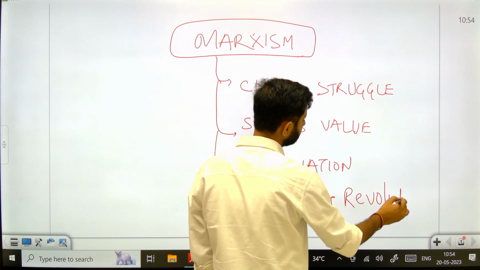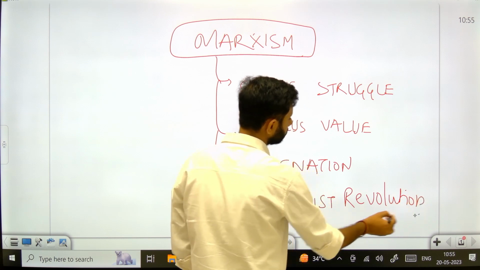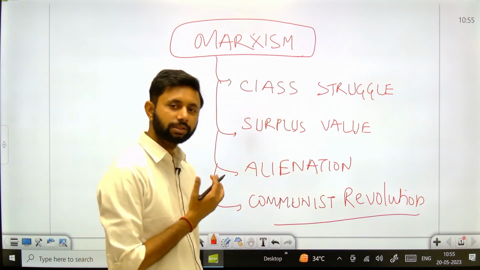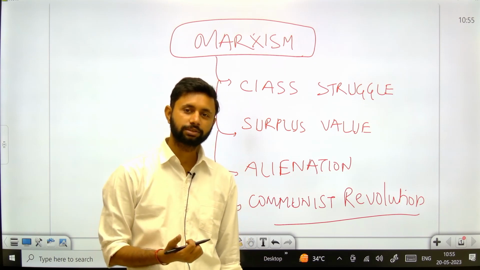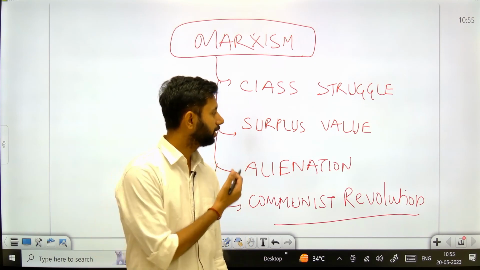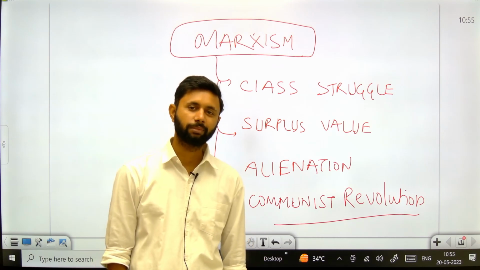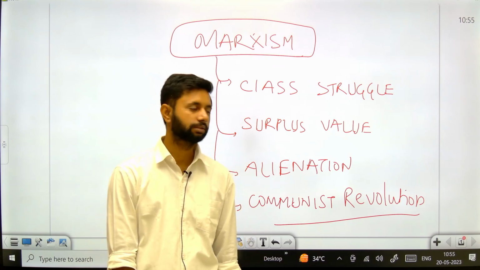Let's understand these key terms first. When you understand these key terms, and when I ask you to relate them with the industrial relations theory that we have discussed, you'll easily be able to understand what the Marxist approach is. Easy, very easy.